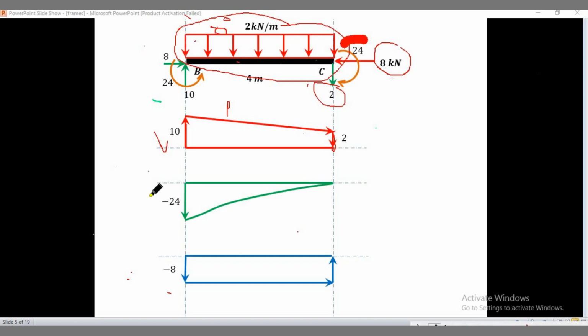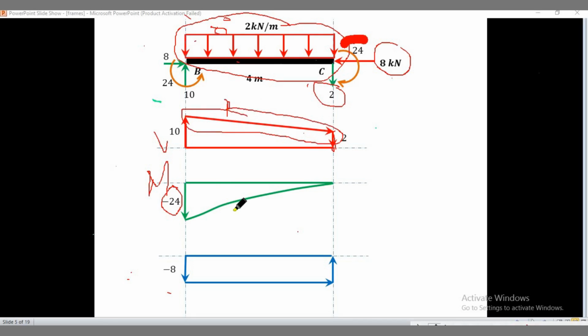And punta naman tayo kay moment. So, dito kay point B, meron tayong counterclockwise na 24 kN/meter. Since that is counterclockwise, so that is negative 24 downwards. And etong dito sa may shear diagram, etong curve na to is 1-degree curve.